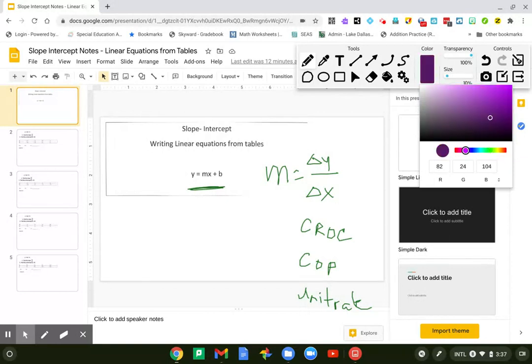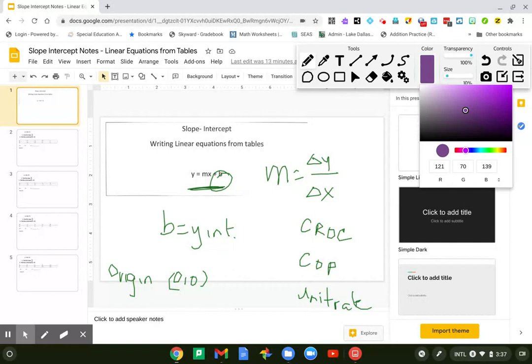So now we're working with writing these equations. I don't know why that purple didn't show up, but the letter b is your y-intercept. If you were in class or joined us on Zoom, you would know that the origin, which is 0, 0, does not belong to the x-axis and does not belong to the y-axis.